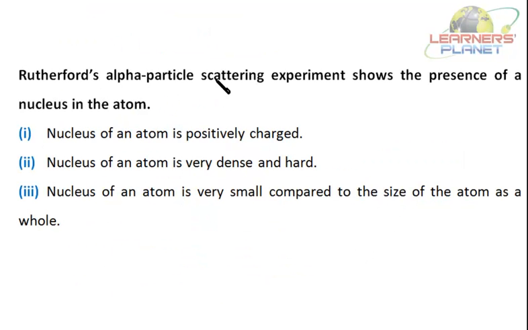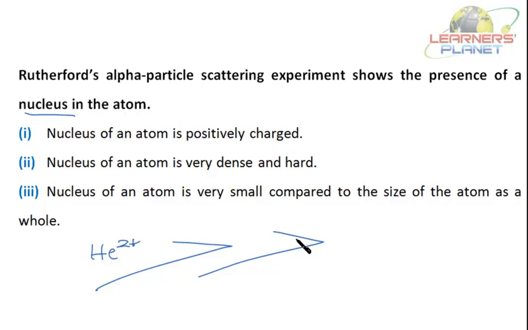Rutherford's alpha particle scattering experiment shows the presence of a nucleus in the atom. See, alpha particles are positively charged particles. Now they rebound completely like this. It means there is some center where the positive charge is concentrated, so that as soon as these positive particles hit it, they rebound.